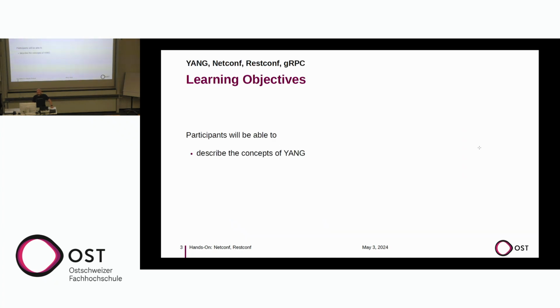So learning objectives, we still need to understand Yang, that's the same as last week, but now we also want to have the fundamental concepts of NetConf, RESTconf, and gRPC. But in the end, there are just three protocols we can use to send and receive the data.